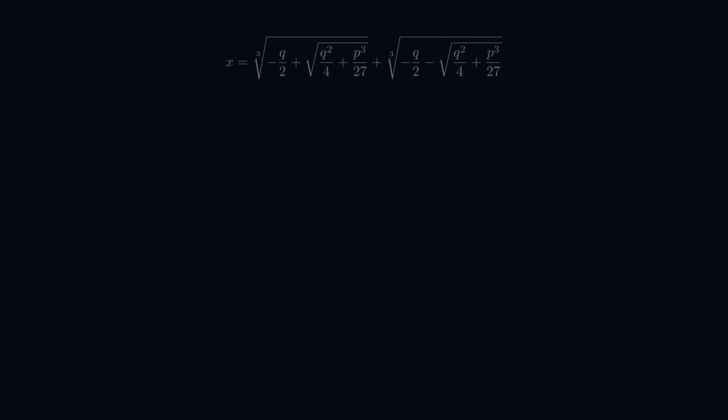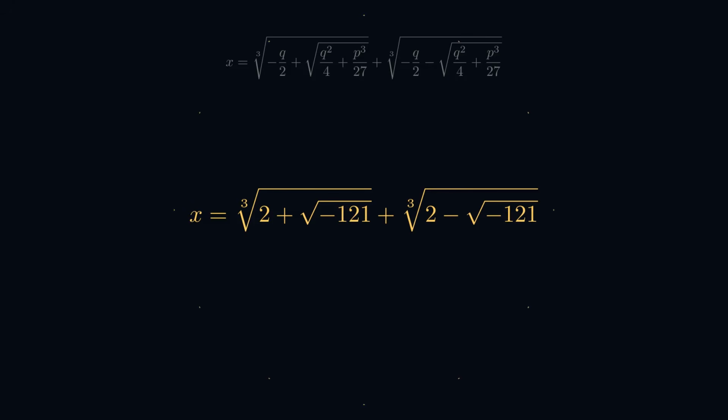Now apply the general cubic formula, the one tool meant to work on any cubic, not just ones you happen to be able to guess. And it hands you this instead: x equals the cube root of 2 plus the square root of negative 121 plus the cube root of 2 minus the square root of negative 121.